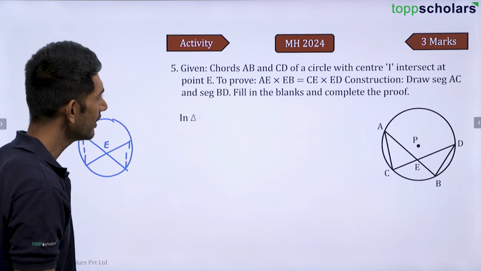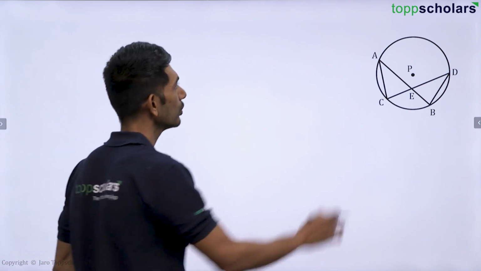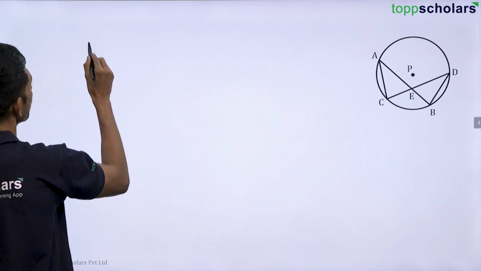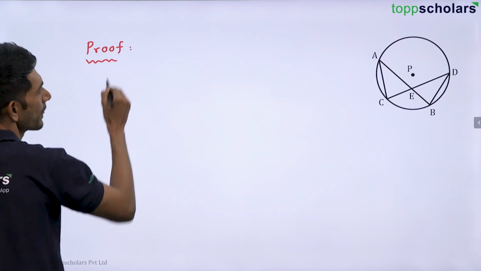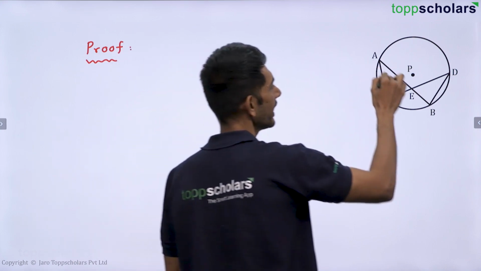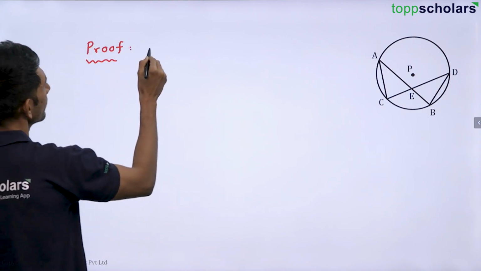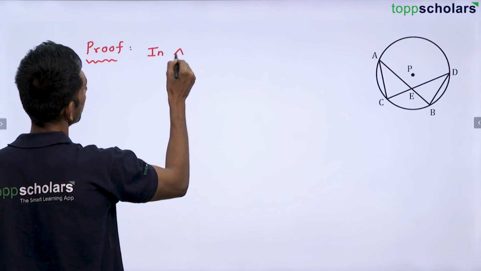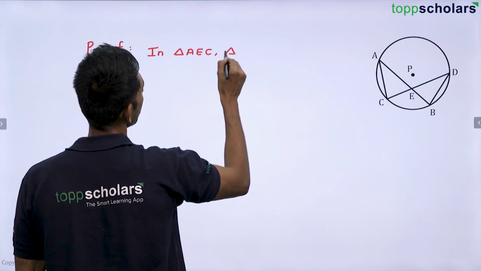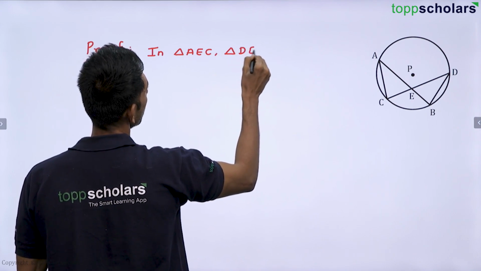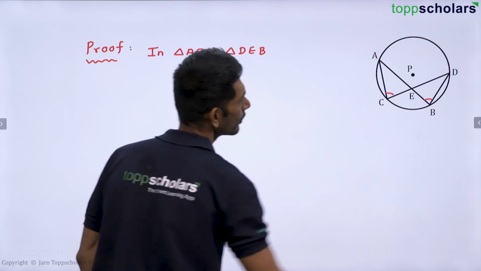It's simple. So let's again firstly do it on our own. How do we prove this? We'll begin with the proof. We'll firstly prove the two triangles similar. So can I say, in triangle AEC and triangle DEB, this angle and this angle will be equal?